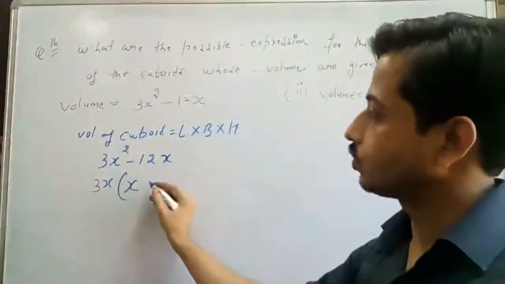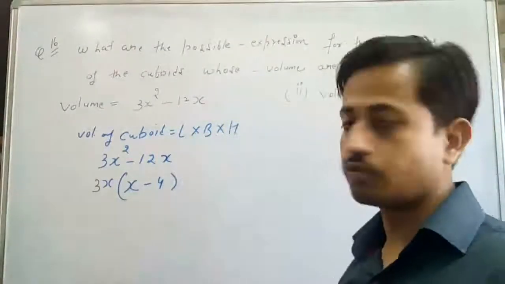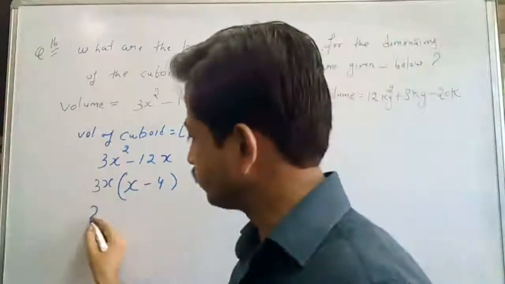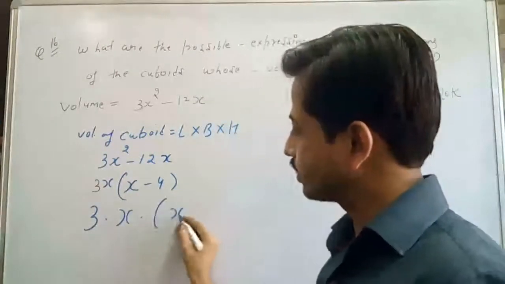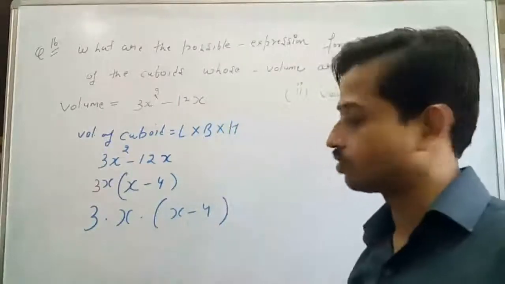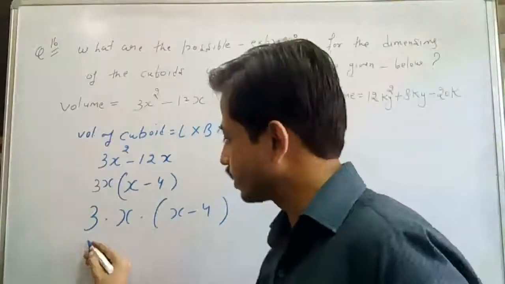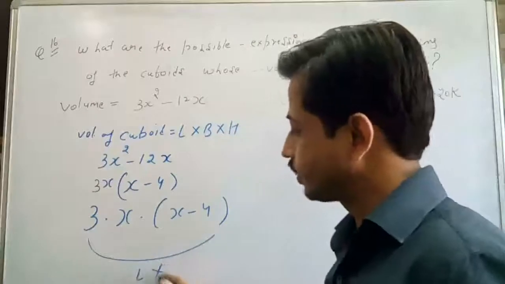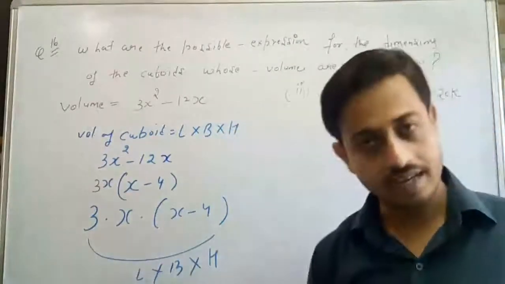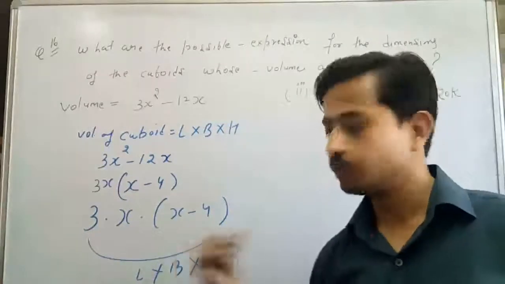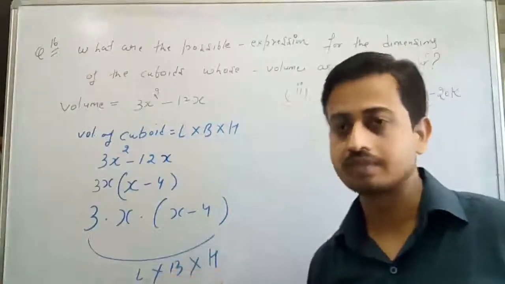Now 3 4s are 12, so I get 4. So you can write it as 3 multiply x minus 4. So these 3 become what? L into B into H. I hope these concepts are clear.